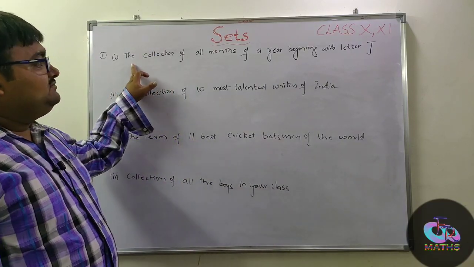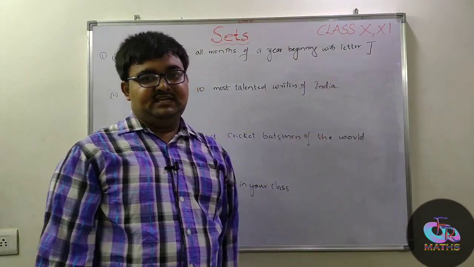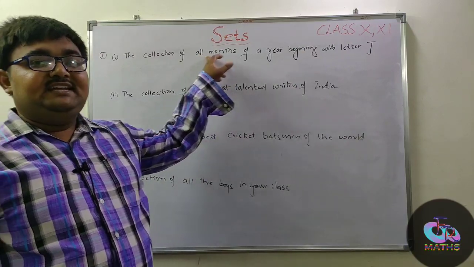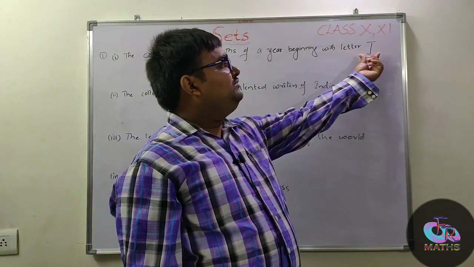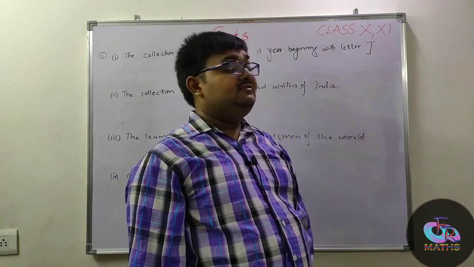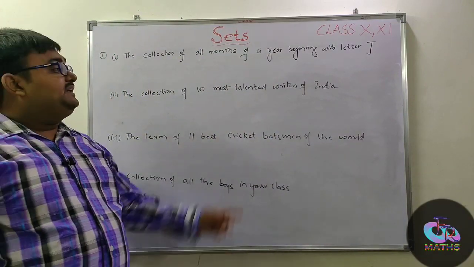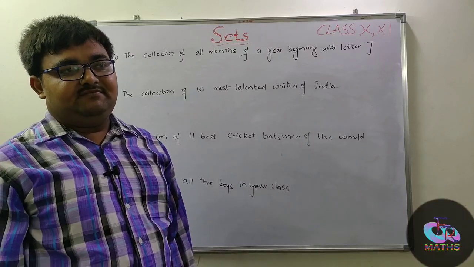See the first question, the collection of all the months of the year beginning with the letter J. Already we know how many months there are in a year, 12. Out of those 12, he is asking for the collection of months beginning with the letter J. What are the months that begin with J?